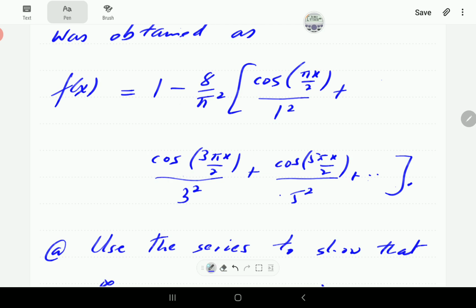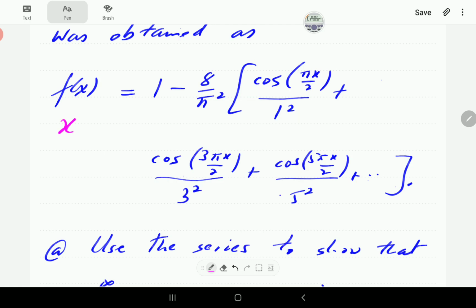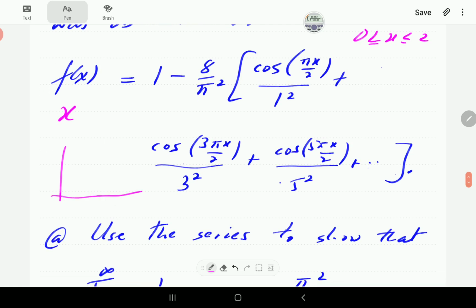So just remember that this is x over the interval 0 to 2. So from 0 to 2 the function is equal to x. What we are going to do is use any values between 0 and 2 that are going to simplify these nicely.